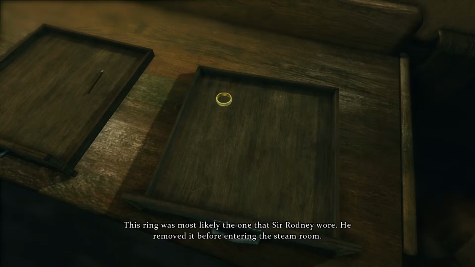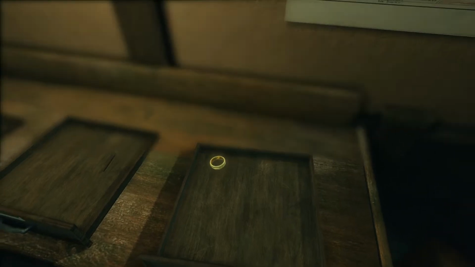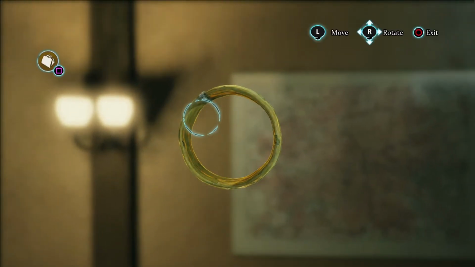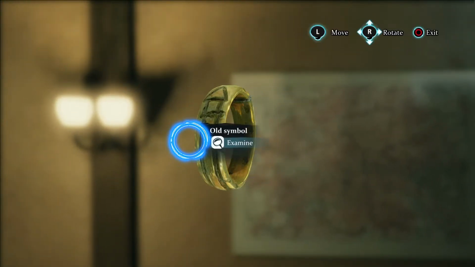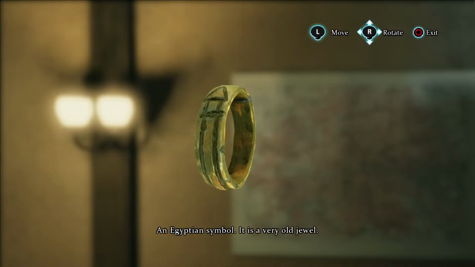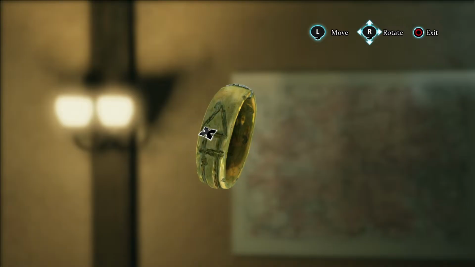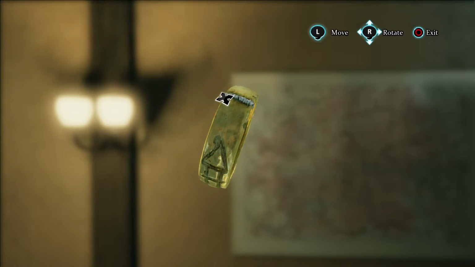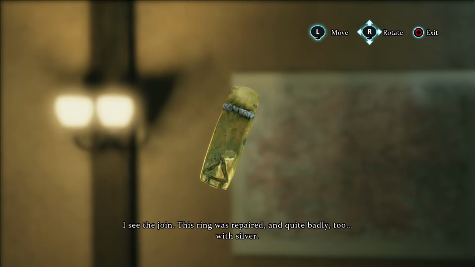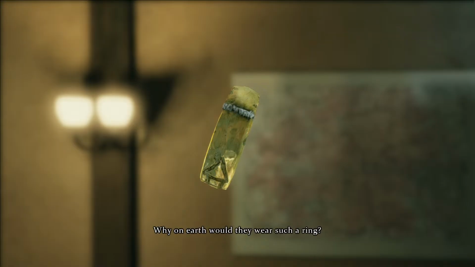He removed it before entering the steam room. An Egyptian symbol. It is a very old jewel. I see the join. This ring was repaired, and quite badly too, with silver. Why on earth would they wear such a ring? A very pertinent question.